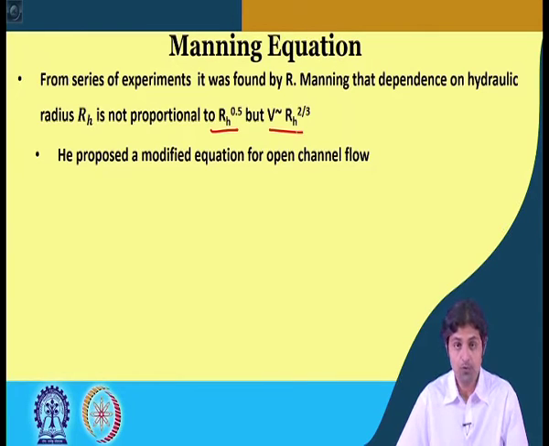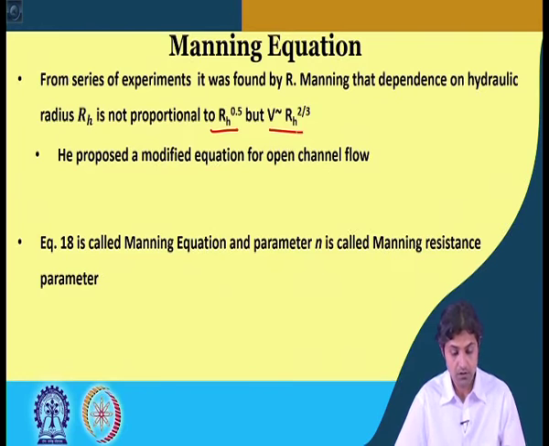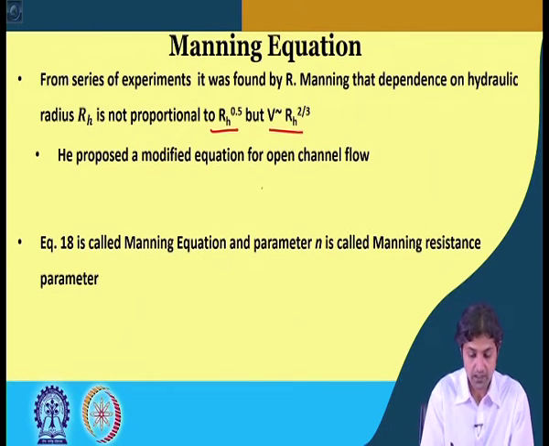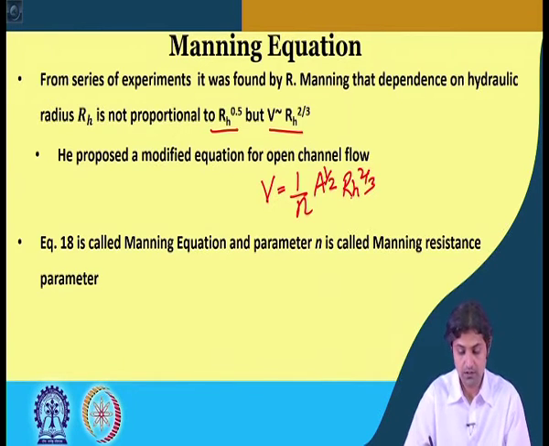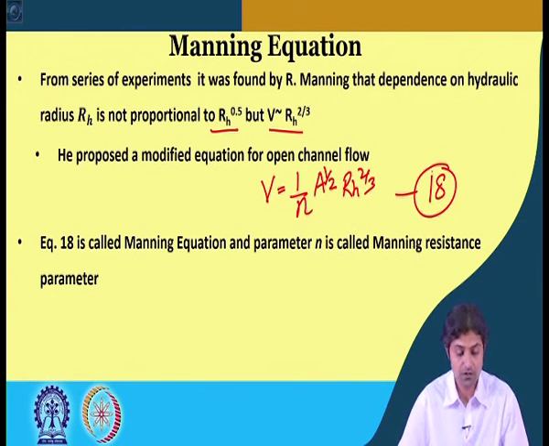He therefore proposed a modified equation for open channel flow, where he said that V is proportional to 1 by n S naught to the power half RH to the power 2 by 3, and this is equation number 18. This equation is called the Manning's equation, and parameter n is called Manning's resistance parameter.